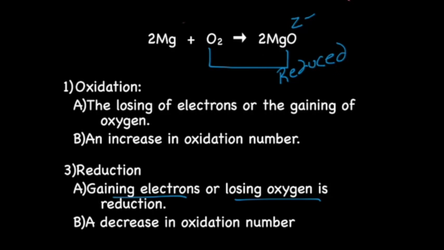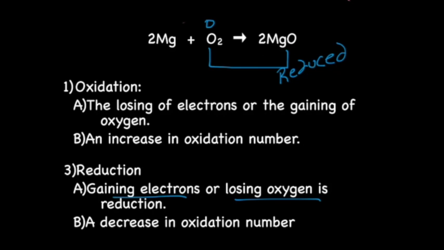Right, and if we look at definition B of reduction, reduction is a decrease in oxidation number. If we go back to our reaction, on the reactant side oxygen is a free atom, which means its oxidation number is 0.